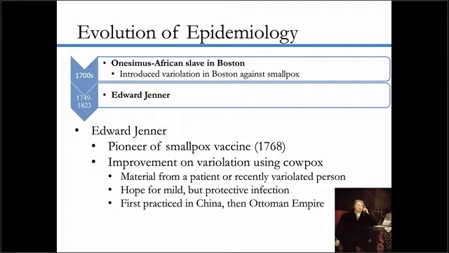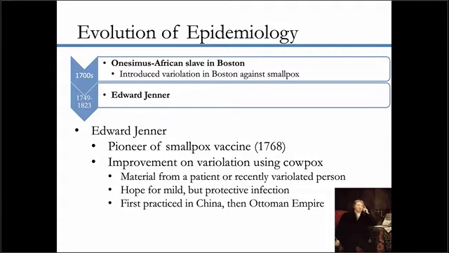Variolation is where you take material from a patient who's had a particular disease, in this case smallpox, and put it on another uninfected person and hope for a more mild disease. This is some of the first times we learned about vaccination, and Edward Jenner is actually the pioneer of the smallpox vaccine.